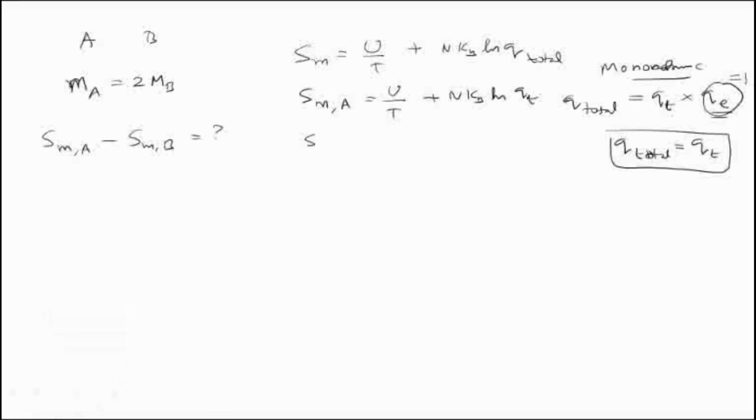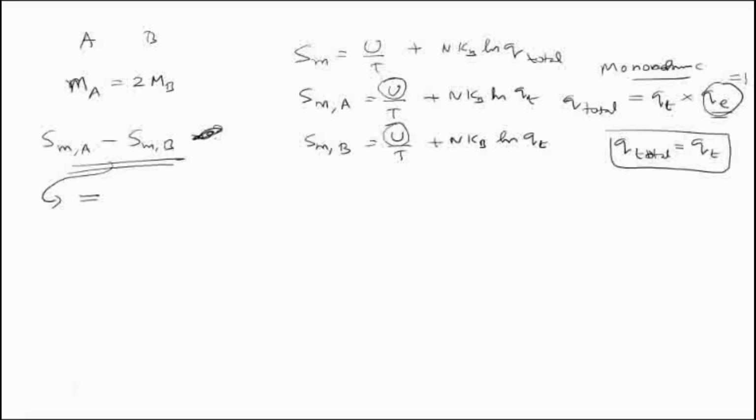Similarly, molar entropy for gas B is U by T plus N kB ln translational partition function for gas B. Now we need to calculate the difference. If you look at the values of S_A and S_B, at constant temperature the internal energies for gas A and gas B are exactly equal for monatomic gas.